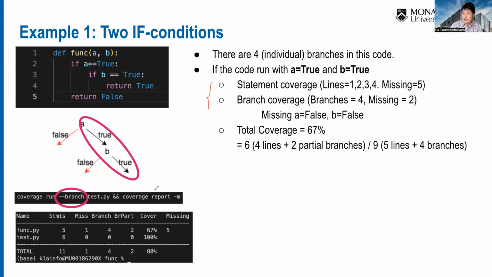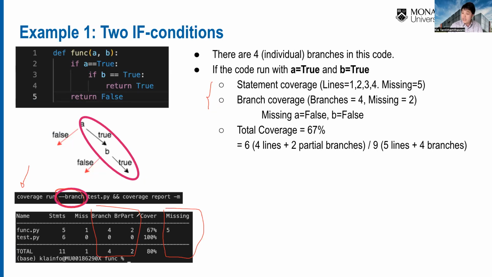But if we use coverage.py to generate the code coverage of the test case that we have, what you need to do is add the option --branch into the command, and then it will add 2 more columns and tell you which lines or branches are missing as well.